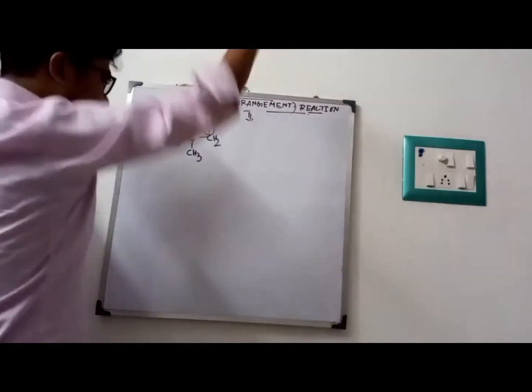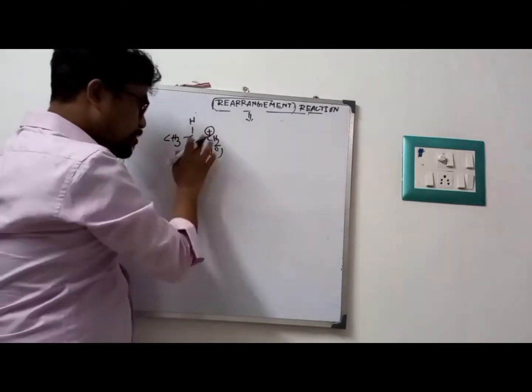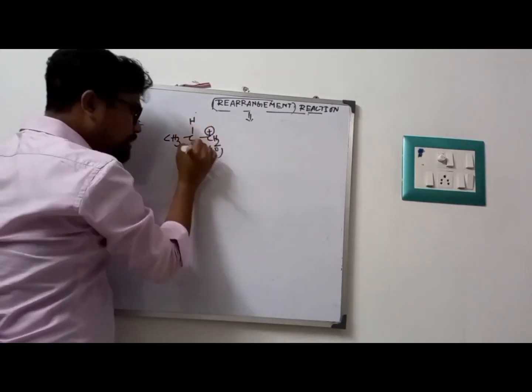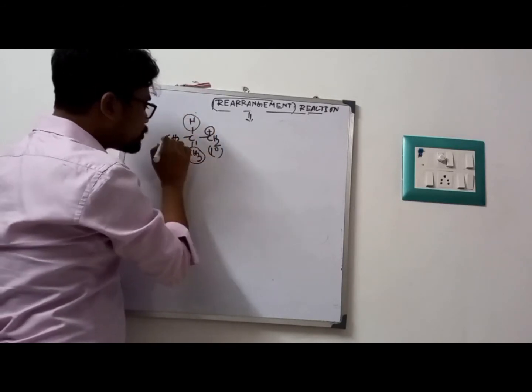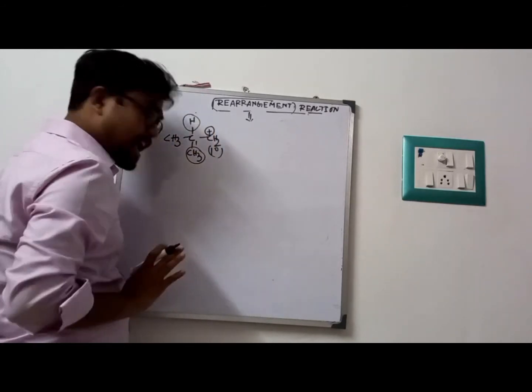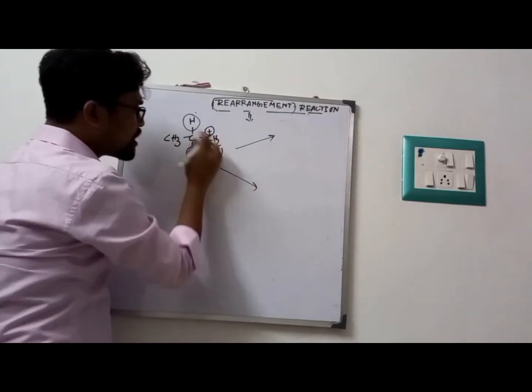Now look very carefully. This is a 1 degree carbocation because it is attached with 2 hydrogens and 1 carbon. Now this position has 2 CH3 groups and 1 H. So there are 2 possibilities. First possibility is shift of hydrogen.